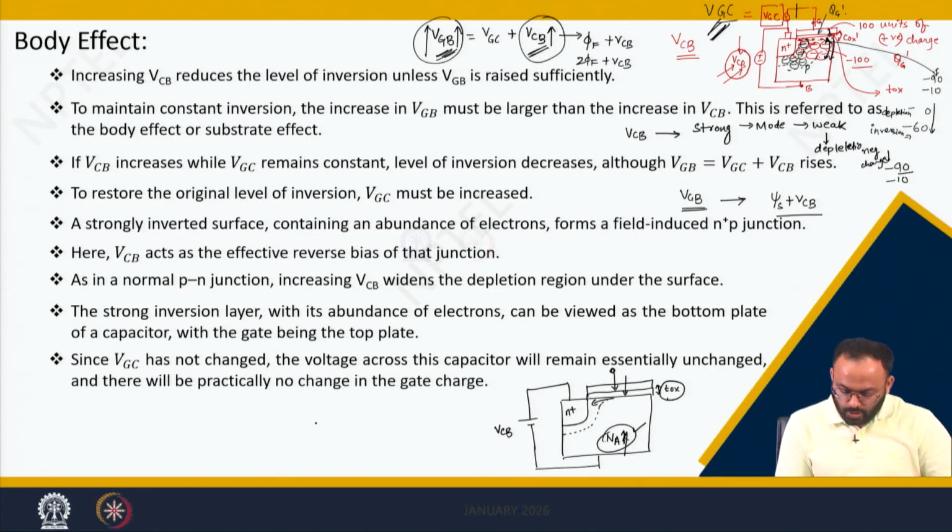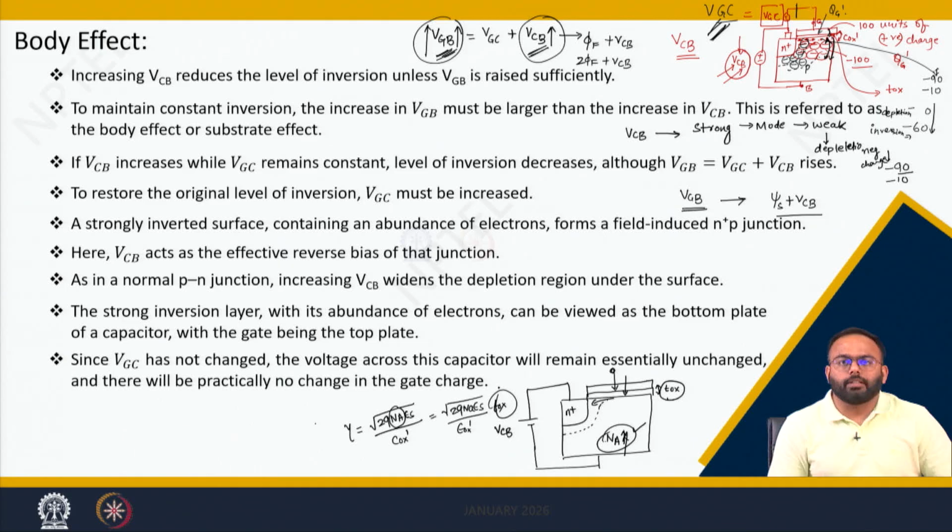This whole thing is called the body effect, which can be given by the body effect coefficient, which we have already discussed thoroughly. In many places we have used this, and it is given by square root of 2 times q times N_A times epsilon_S divided by C_OX'. Here N_A is the body doping, and this can be written as square root of 2 q N_A epsilon_S divided by epsilon_OX over T_OX, and it depends upon the oxide thickness.